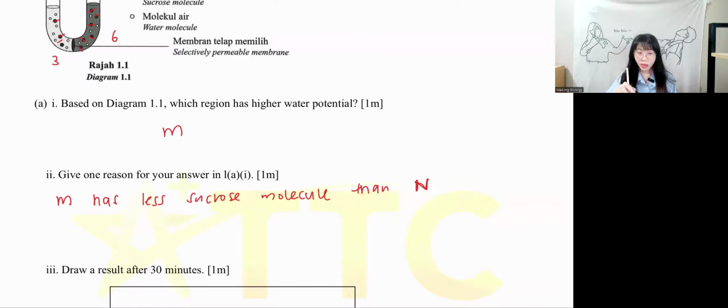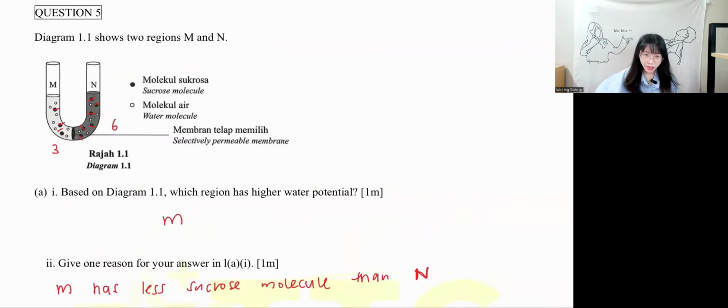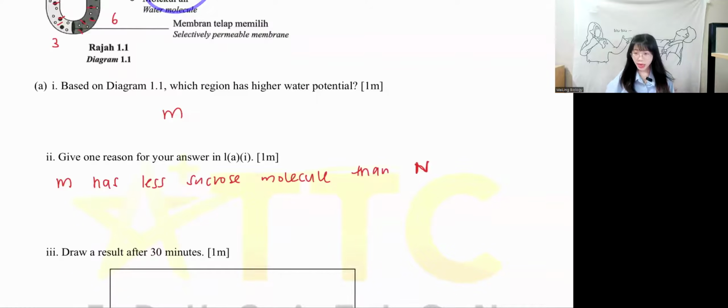But just write molecule, because the question given to you was a molecule. Can I write more water instead? You can say M has higher water potential than N, also can. Has more water molecule, also can. Can I reverse the answer? Means N has more sucrose than M? Yes, you can.